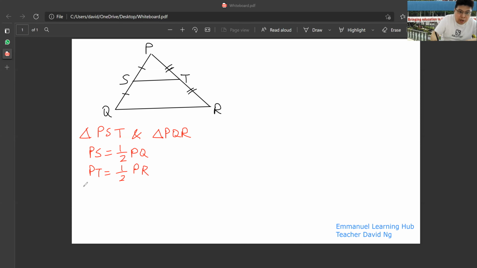And my angle SPT is equal to angle QPR, because they are the common angle.